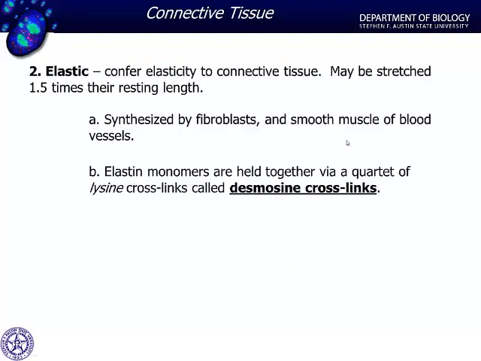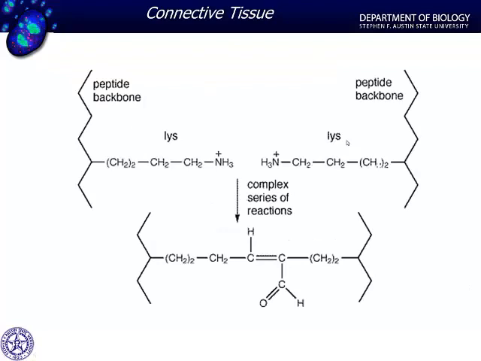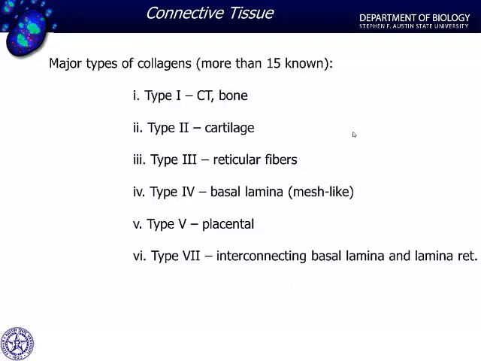Your two adjacent lysine molecules are going to join together, and they are going to remove the amine groups, link them together, and this is their hydroxypyridinium cross-link. Collagens are rich in this lysine, so you're going to have those cross-links throughout the collagen filament, tying those tropocollagen molecules together.